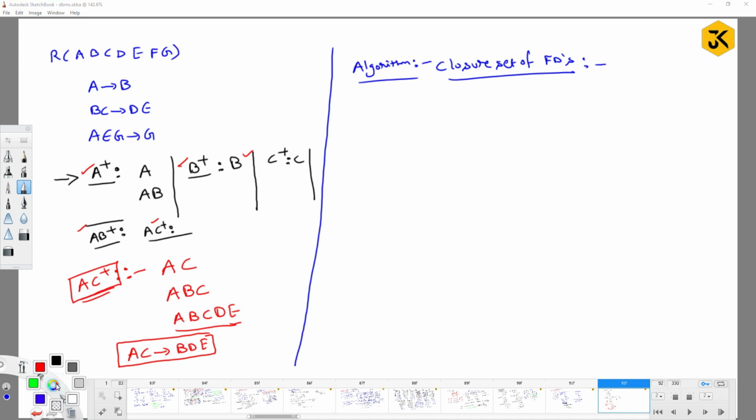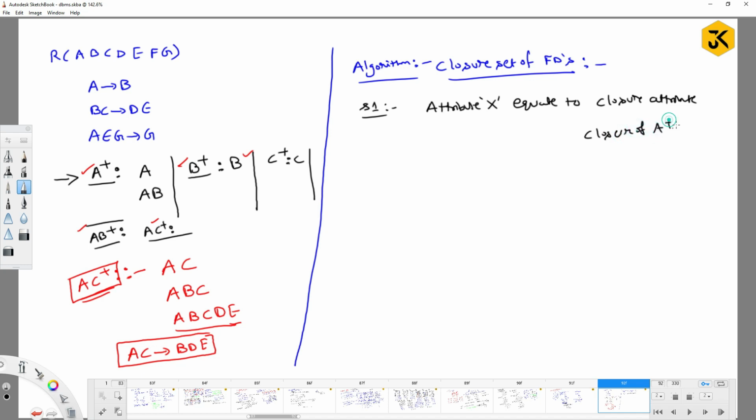Basically, I have taken one variable X. Step 1, I have taken one variable X and equated it to the closure attribute. This is the first step I did, right? If I want to find out closure of A plus, I have taken X and equated it with the corresponding closure attribute.